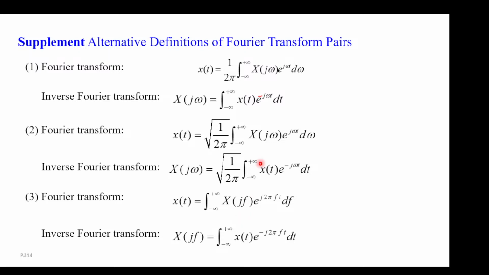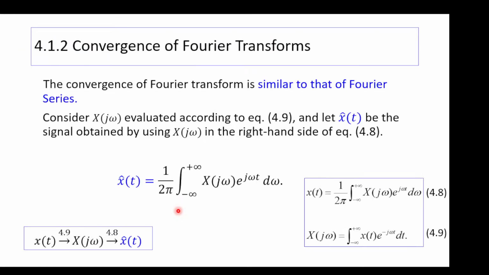Also, sometimes instead of omega, people use frequency in terms of how many rotations, so we can have this big F frequency. Those are different notations you might see in different books, so just be careful when you see a Fourier transform formula. You need to know everyone's convention. No questions? Then let's go to the convergence issue.